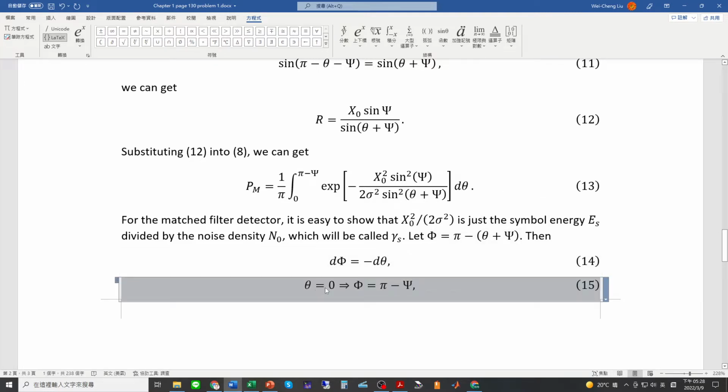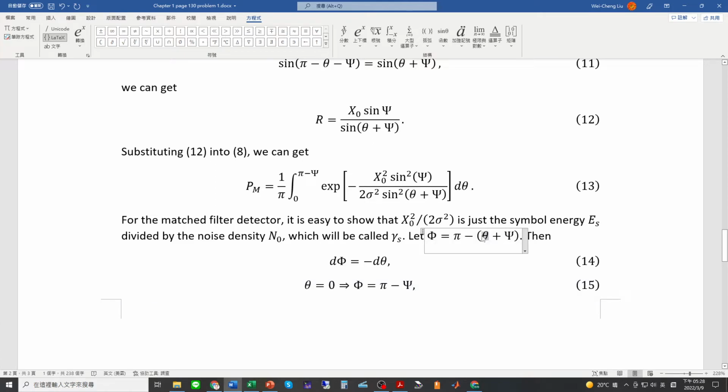Theta equal to 0 implies that phi is equal to pi minus psi, because when theta is equal to 0, this term becomes 0, and phi is equal to pi minus psi.